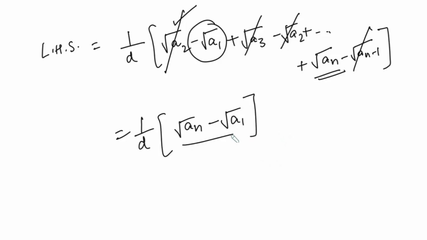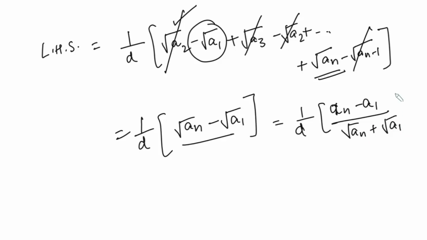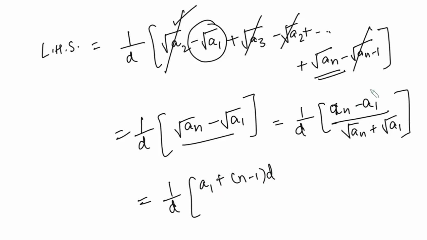And here we can rationalize this and write it as 1 over d times an minus a1 over square root an plus square root a1. 1 over d times, we know that an is the first term, a1 plus (n minus 1)d, and a1 is a1, so negative a1, divided by square root an plus square root a1.